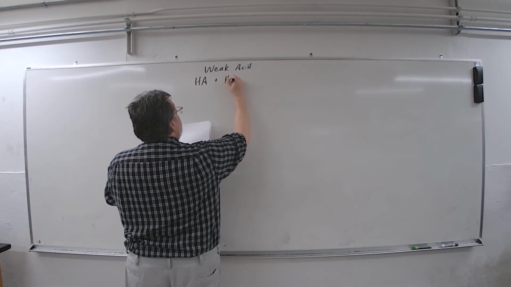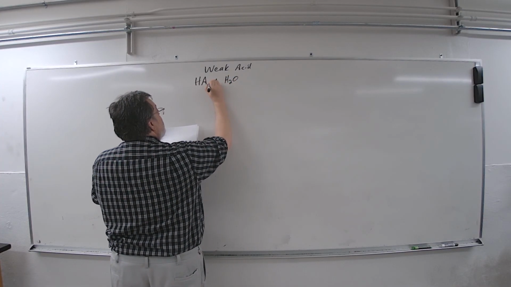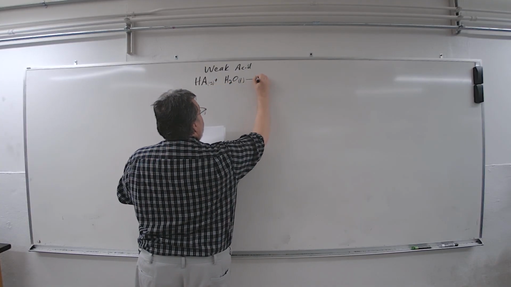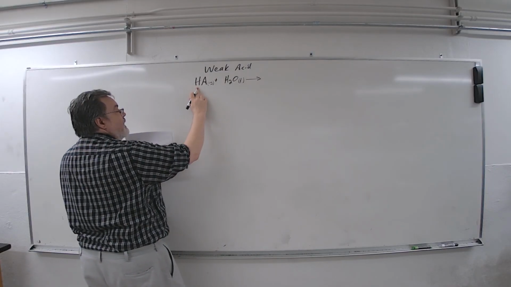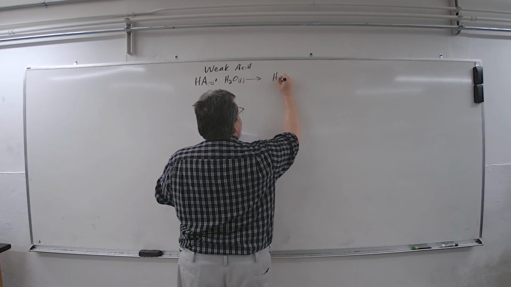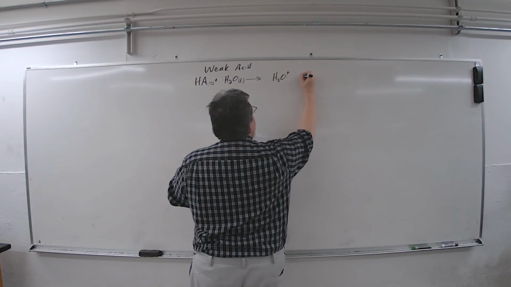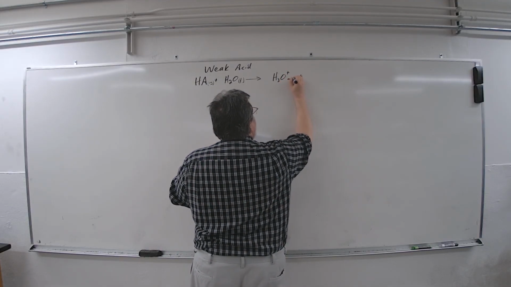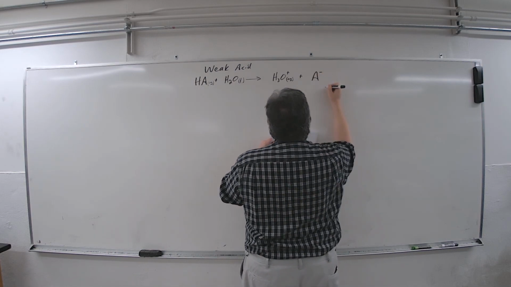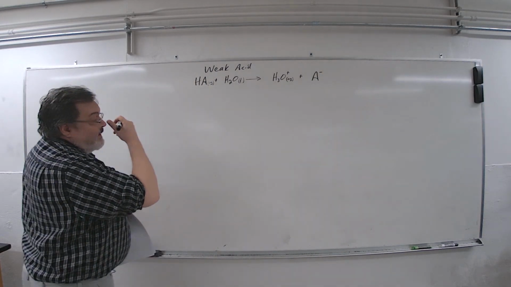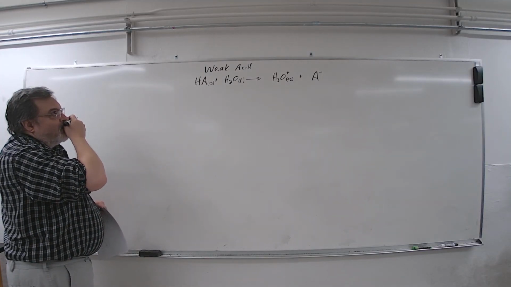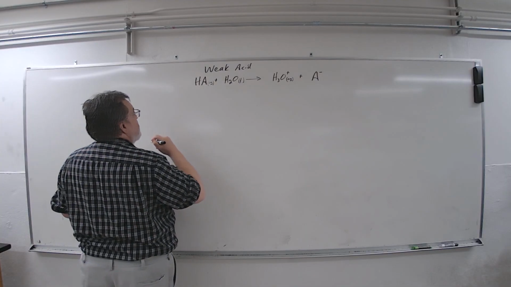And this is aqueous, H2O liquid, and then the proton pops off and comes over here, making H3O plus. And that'll be aqueous, dissolved in the water. And then you have whatever you had for the acid over here.